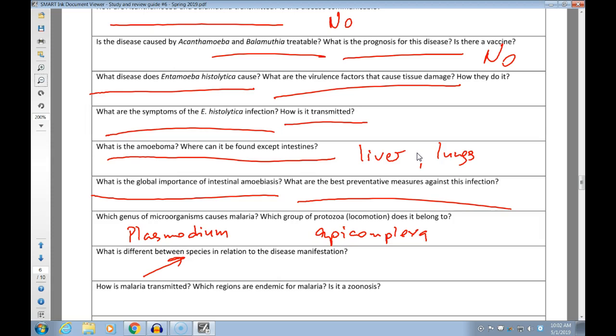Malaria is transmitted by mosquitoes. Tropical regions. Now, that's kind of a tricky question. Is it a zoonosis? No. No animals are involved. It's a human disease transmitted by mosquitoes. Does that make sense? Are we clear?